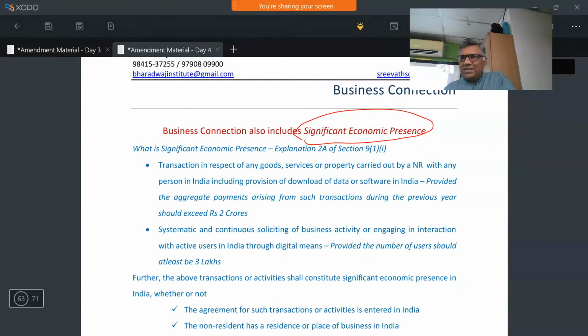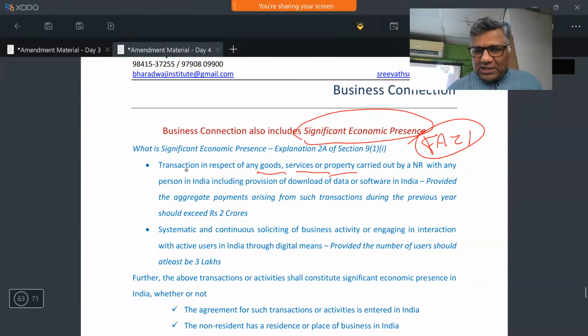This Finance Act 21 has defined it. Transaction in respect of any goods, services, or property carried out by a non-resident with any person in India, for download of software, if the aggregate value exceeds 2 crores.